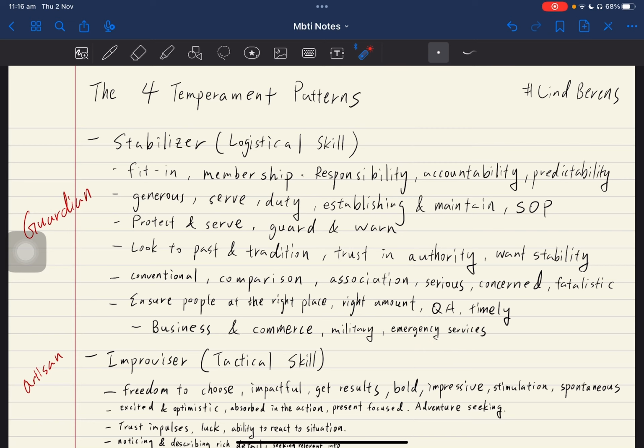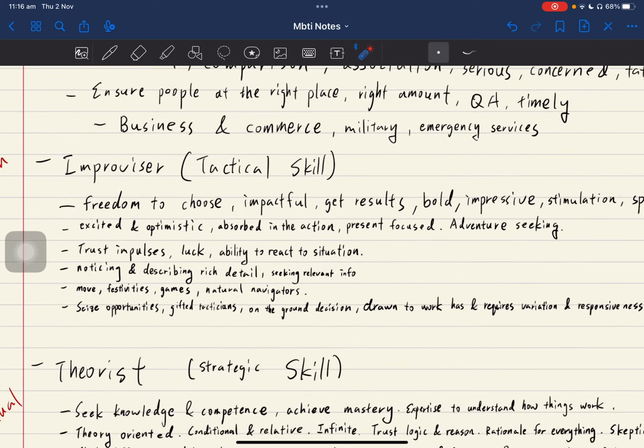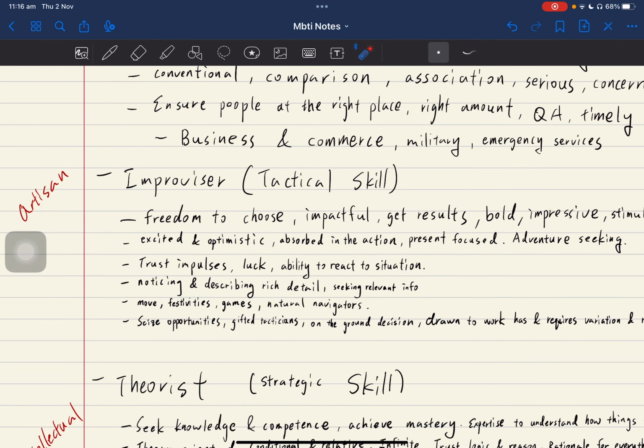Those are the guardian temperament. And the next one, we have the artisans, which are called improvisers.